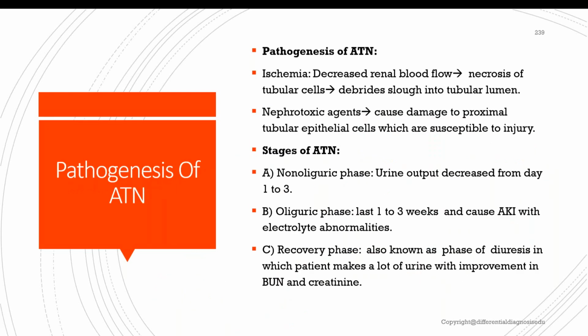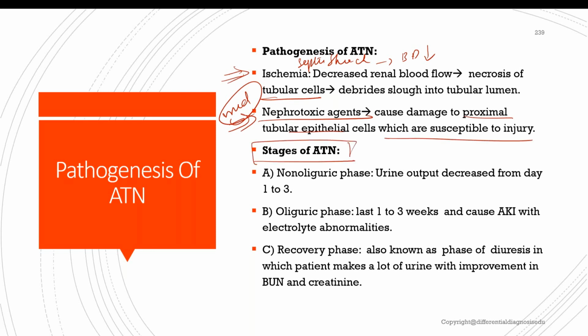What is the pathogenesis? Two main mechanisms: ischemia and nephrotoxic agents. Let's say the patient has septic shock, they will be hypotensive, blood pressure will be low, which will lead to ischemia and cause necrosis of tubular cells and cause AKI. The second is nephrotoxic agents like medications, which we discussed already. They damage the proximal tubule and cause injury.